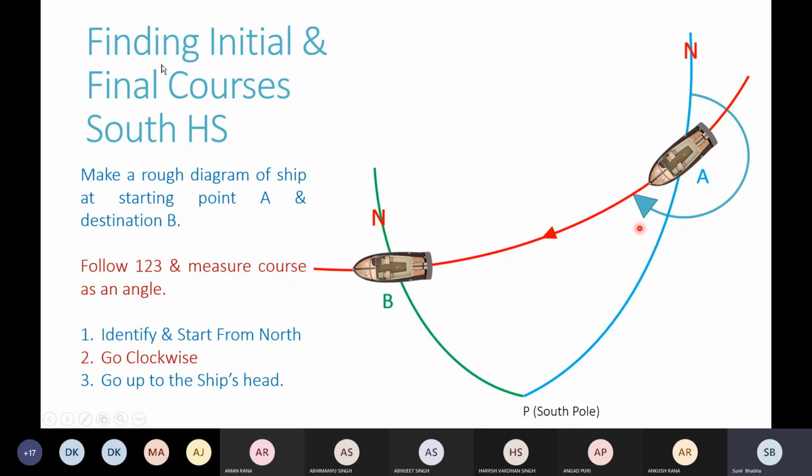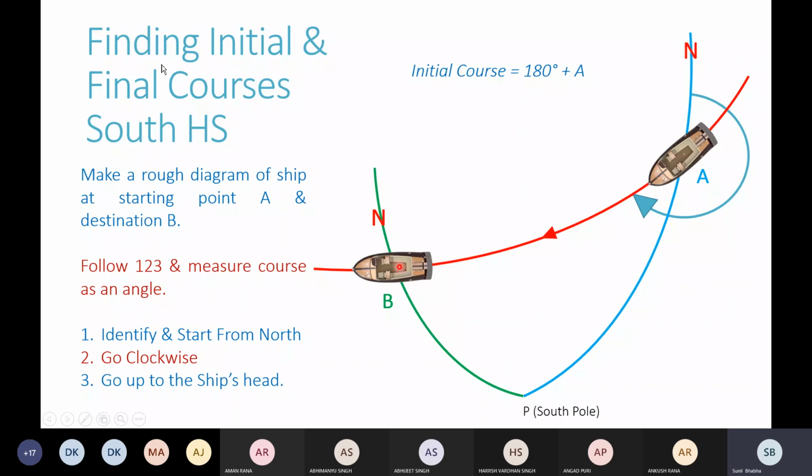You see, angle A is the internal angle of triangle PAB, this particular angle. We know from north direction to south direction up to here, this angle is 180 degrees. So the initial course is given by 180 up to here plus angle A. So initial course is given in this case as 180 plus A. That is the initial course calculation.